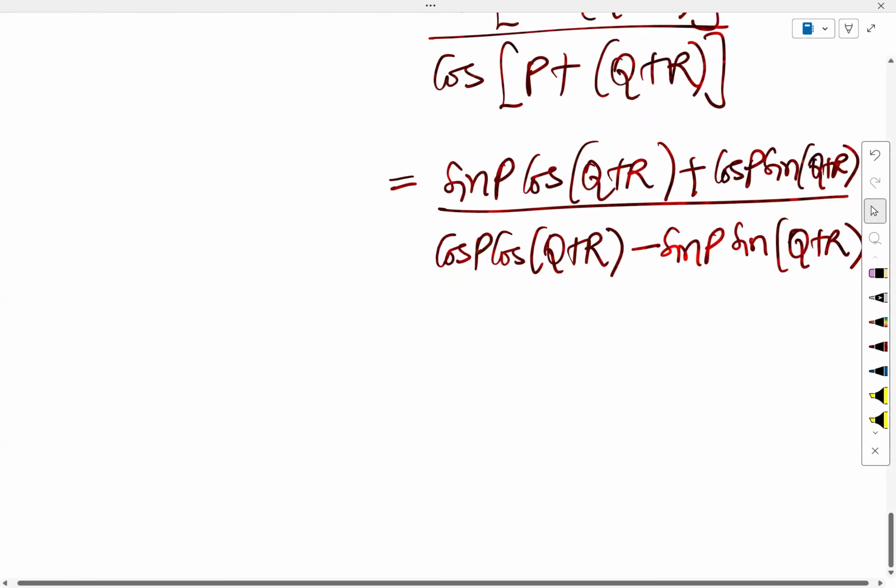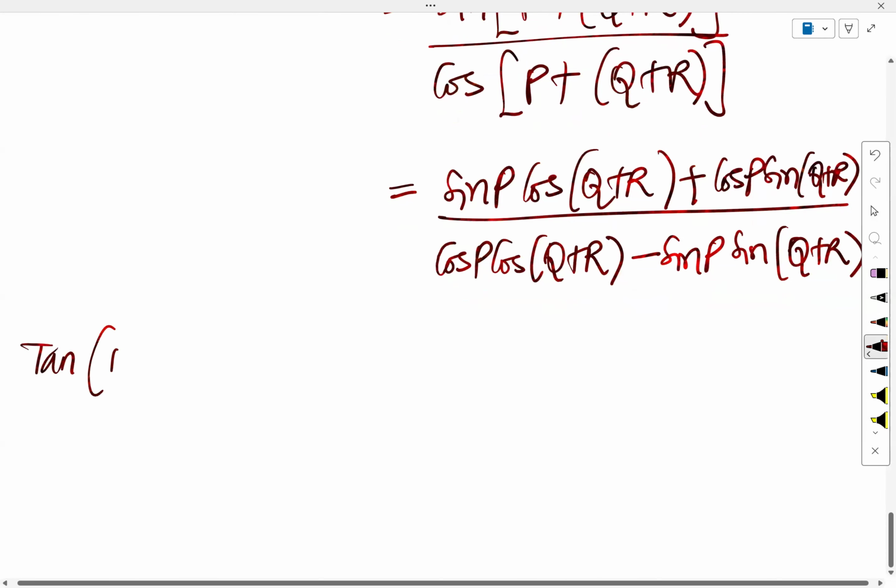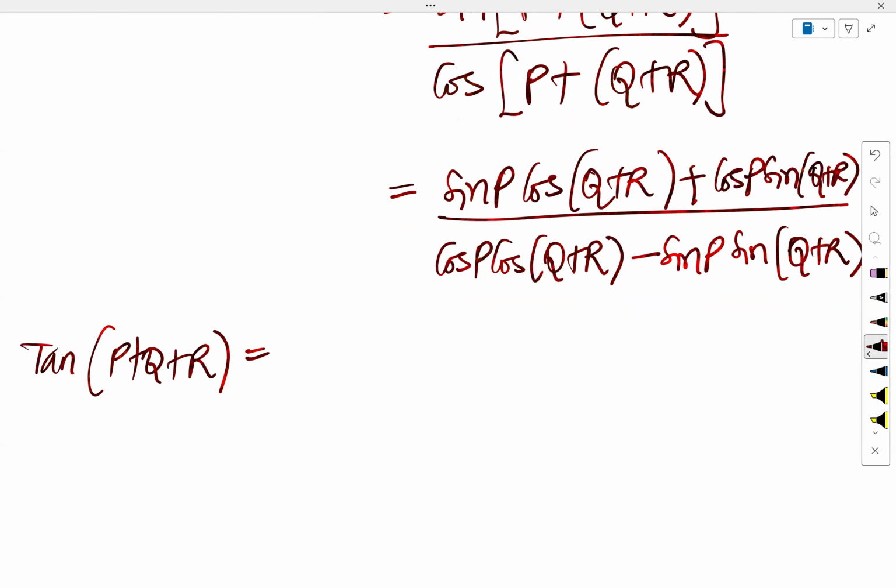So the next thing is, let me move it closer to this place because we need a lot of space. We are still talking about tan(P+Q+R) now. You see we have sine P already sorted. But then let's look at the whole Q plus R thing.